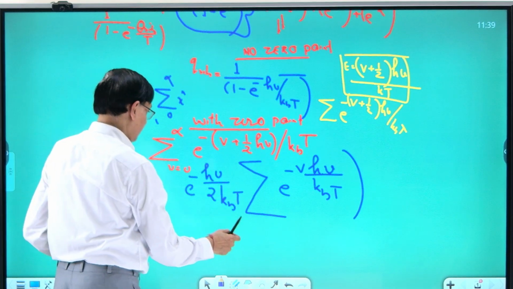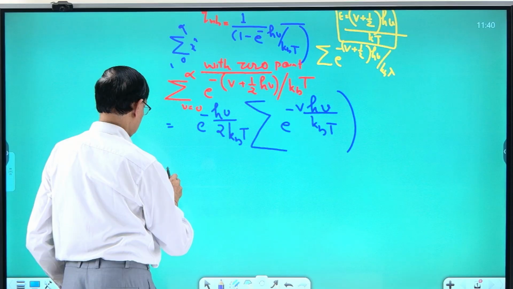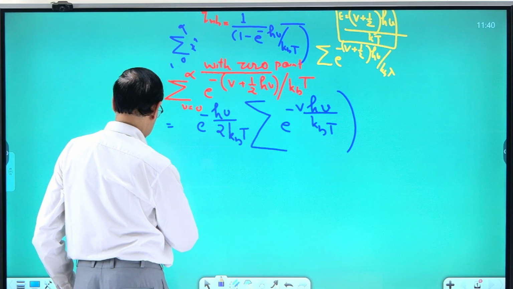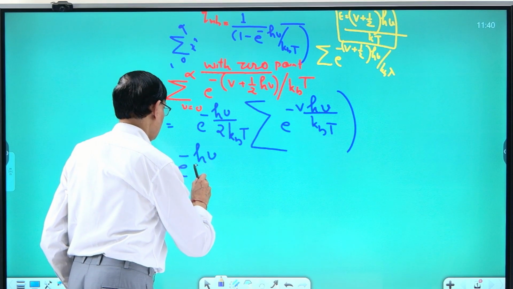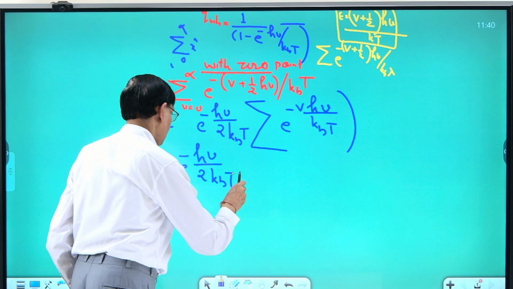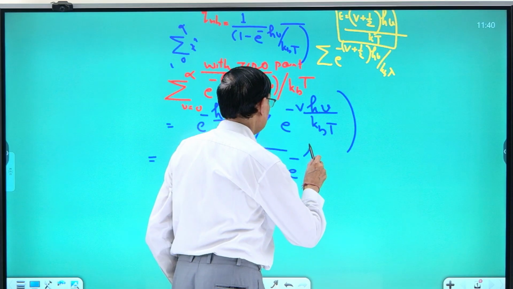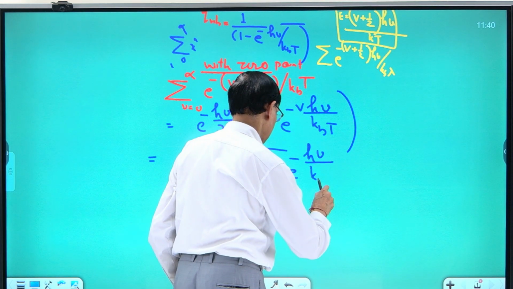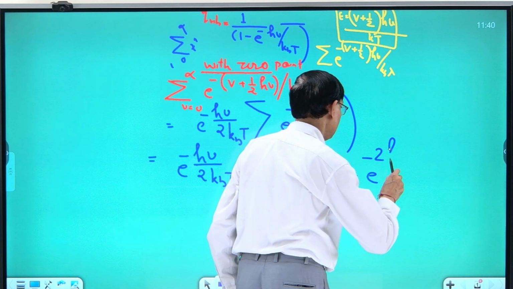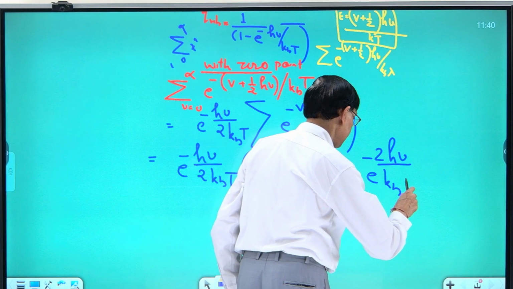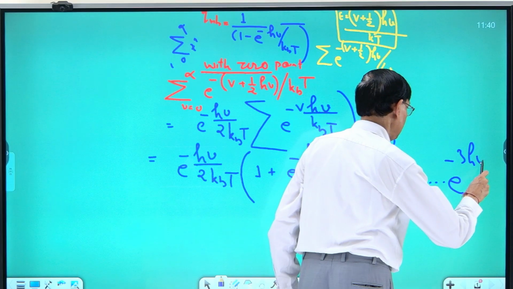If I expand the same, exponential minus h nu by 2 kBT, bracket 1 plus exponential minus h nu by kBT plus exponential minus 2 h nu by kBT plus dot dot dot, exponential minus 3 h nu by kBT.